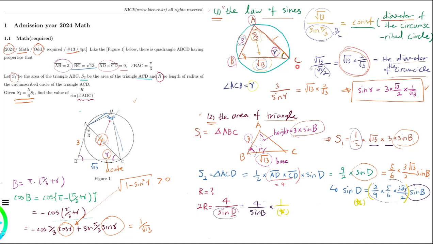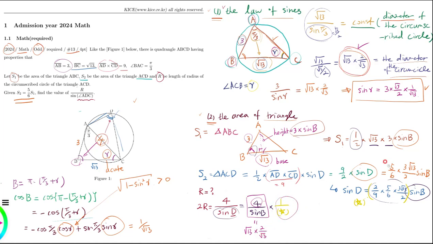And as you already know, by the law of sines for the triangle A, B, and C here, 4 and its opposite angle, capital B, this value is the diameter of the circumscribed circle, this one, which is square root of 13 times 2 over square root of 3.